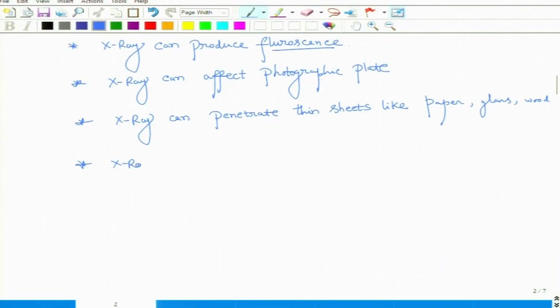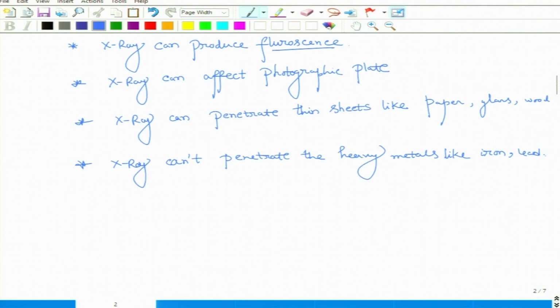Okay, so X-ray can penetrate those, but X-ray can't penetrate heavy metals, like iron, lead.